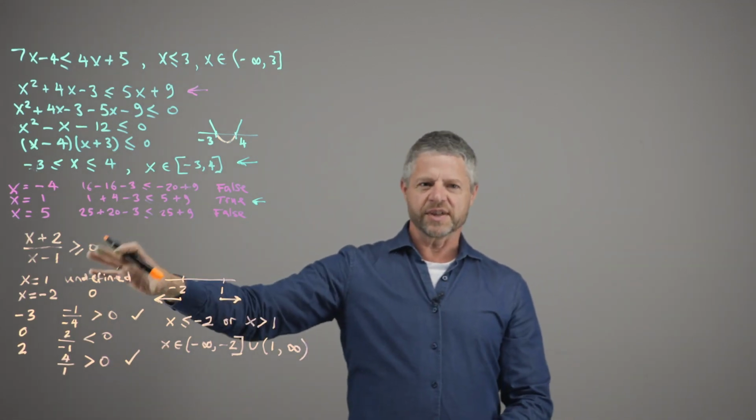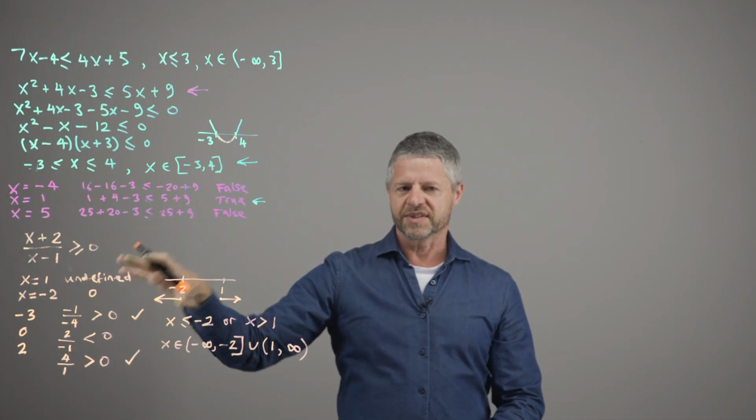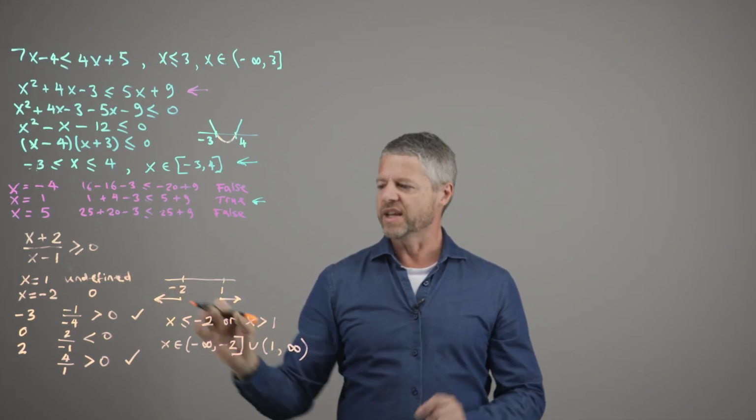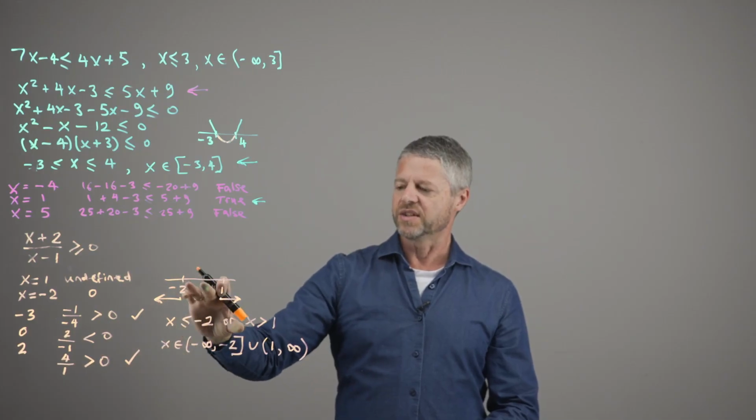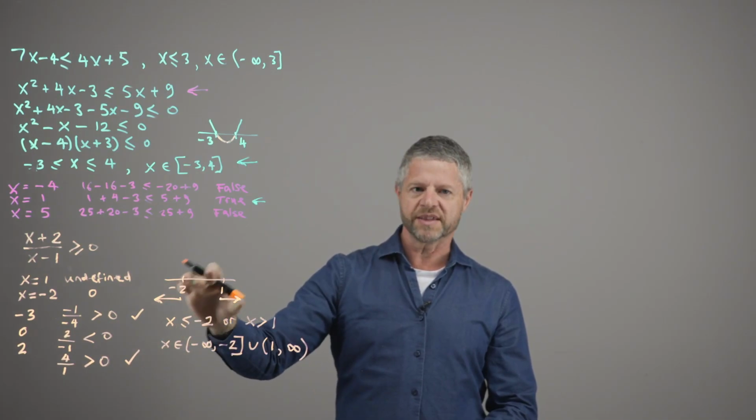So dealing with rational expressions, it's steps. You just go through the steps thinking about key values and thinking about test values defined by the intervals that are set up by those key values.